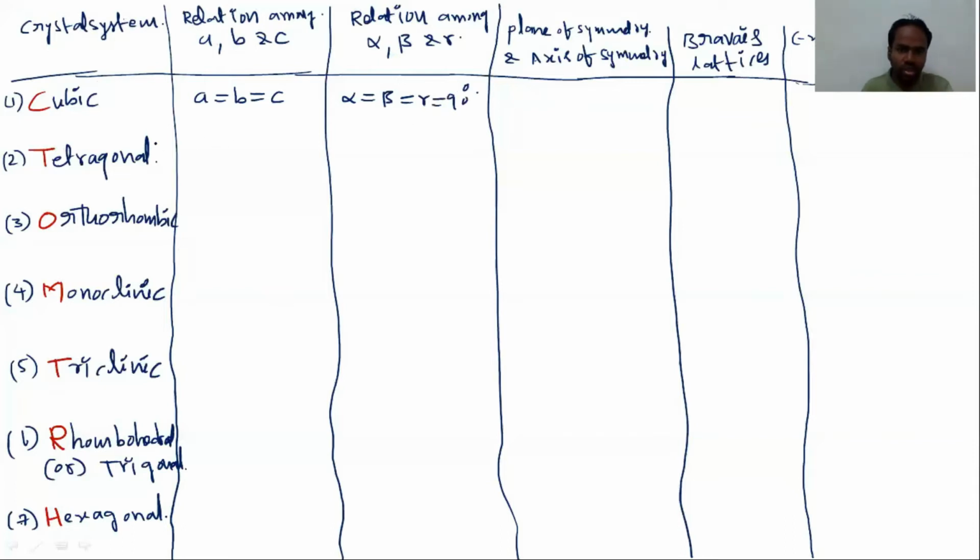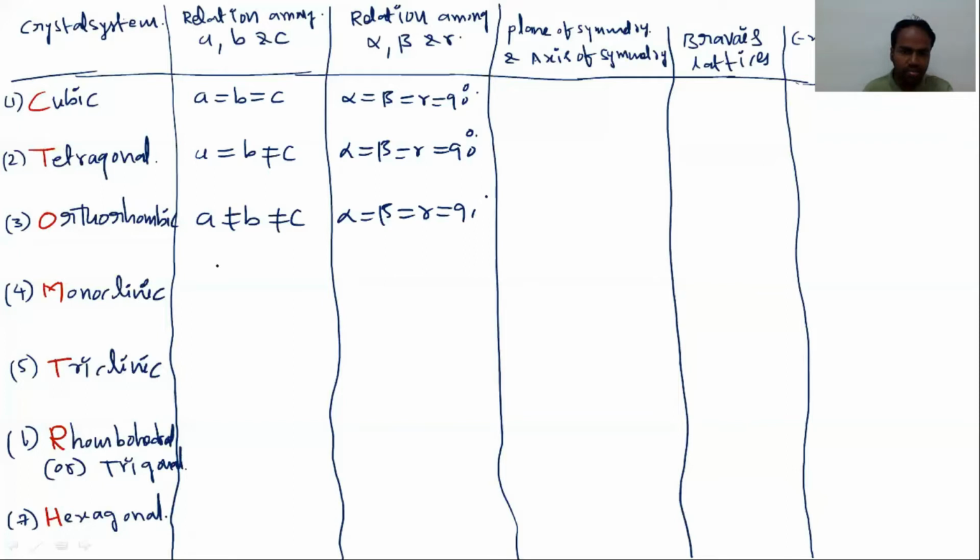Coming to tetragonal, make one inequality in edge lengths; the remaining are the same. For orthorhombic, take two inequalities: A not equal to B, not equal to C, but alpha is equal to beta is equal to gamma is equal to 90 degrees.